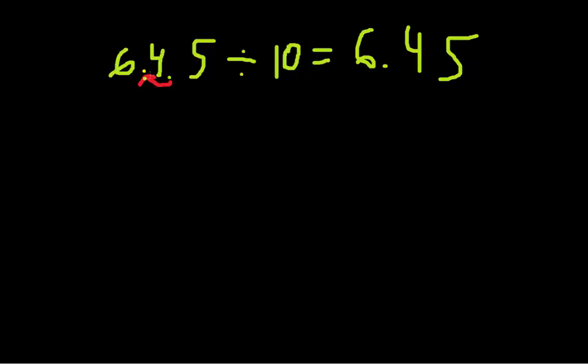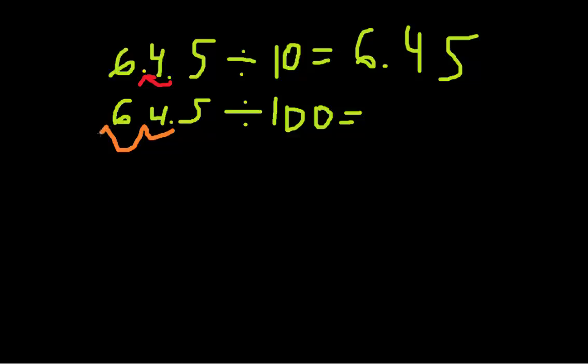And of course, 64.5 divided by 100 is going to equal, since there are 2 zeros, we're going to move it down twice to right here.